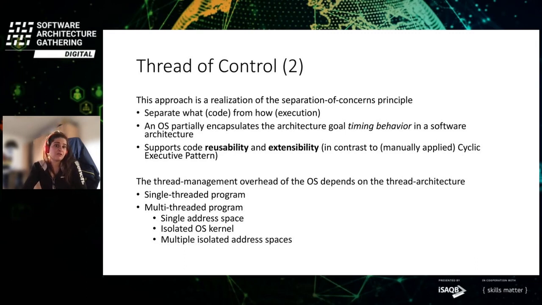So you can say that the OS actually encapsulates the architecture goal timing behavior somehow, to some extent, in the software architecture, and together with the thread architecture that is developed by the architect, you can develop a concept that is clear, that can be used to evaluate if the timing requirements are fulfilled.